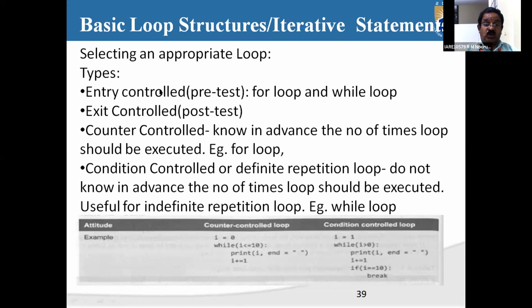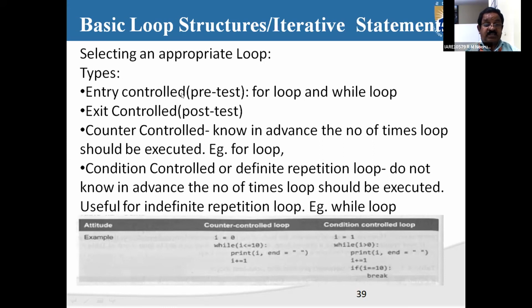The next one is the exit controlled loop, also known as a post-test loop. The third one is the counter controlled loop and the fourth one is the condition controlled loop, also known as the definite repetition loop. So these are the 4 types of loops: entry controlled, exit controlled, counter controlled, and condition controlled.